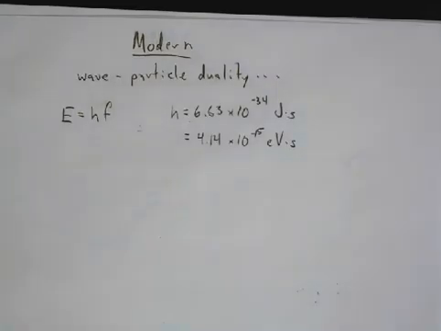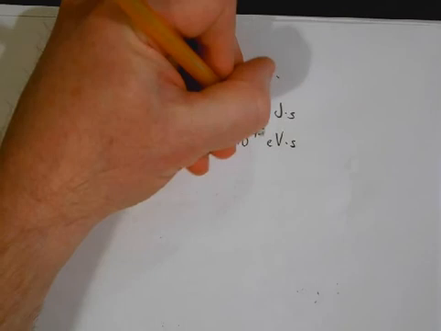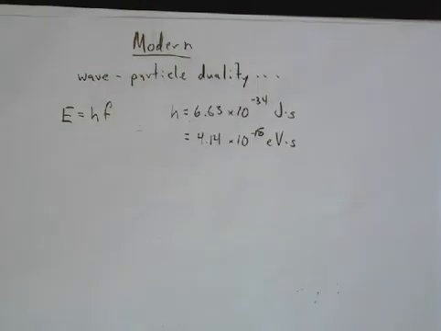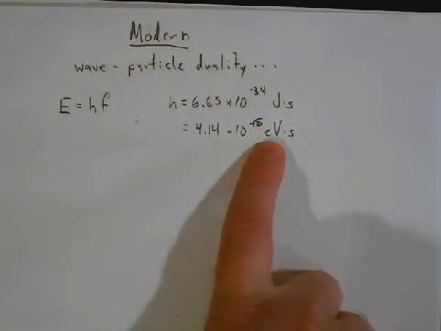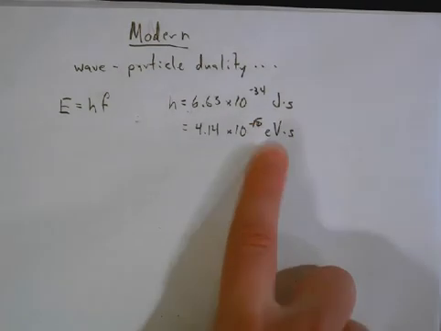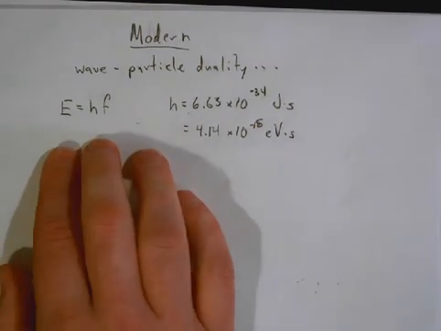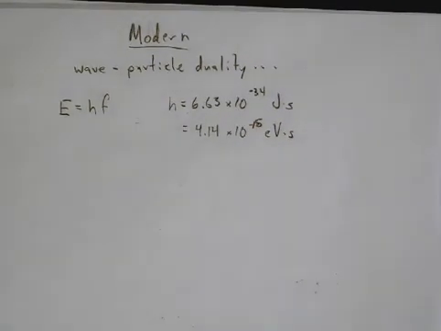So remember, electron volts and joules are really just the same thing. It's just different units for the same thing. This is a really small unit. This is a much bigger unit. Okay, but Max Planck's thing, hopefully that should make sense.